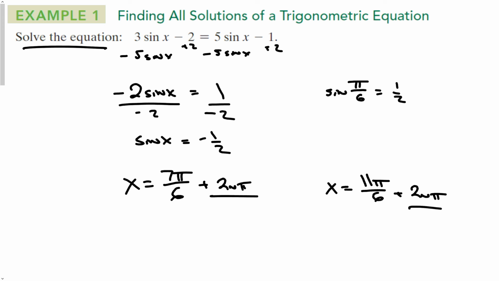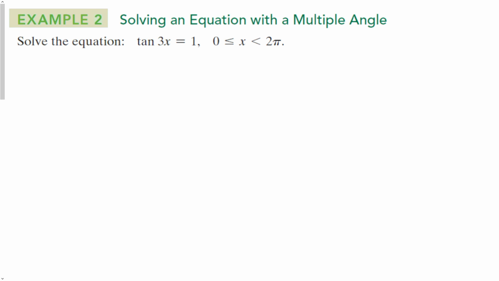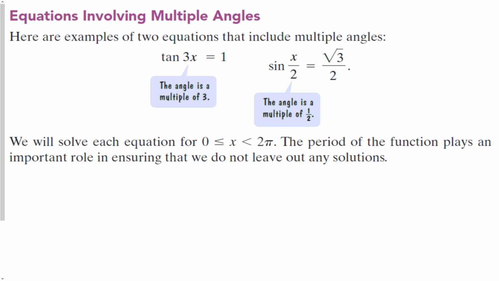You only need this extra bit because it says just solve the equation. In some of our next problems, it's going to say solve between 0 and 2 pi. That means I don't need to put that extra plus 2 pi n. I only need to put that when the question doesn't give me a specific domain.